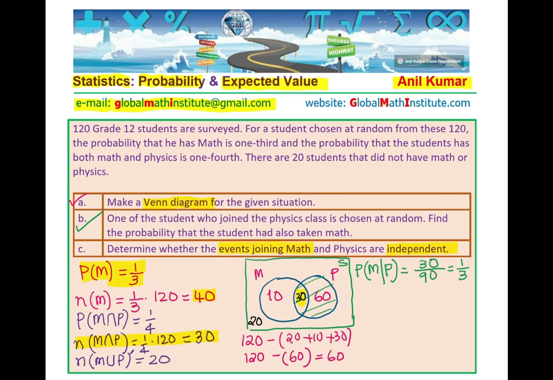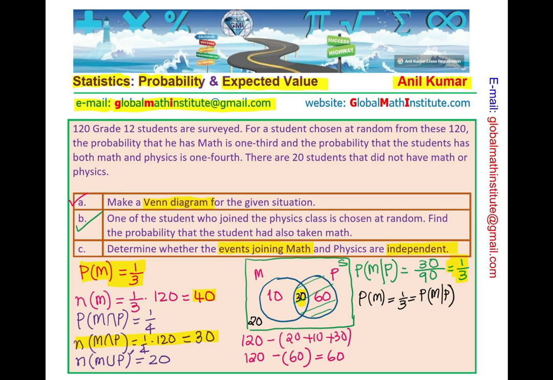And we see that the probability of math is also the same even if we select it from the students who had taken physics. You understand? So what we notice here is that the probability for math is equal to 1 over 3, which is also equal to the probability of a student selected from the physics group.